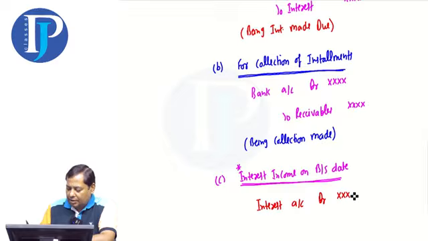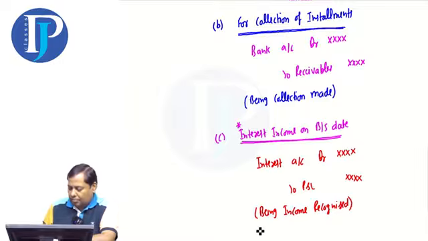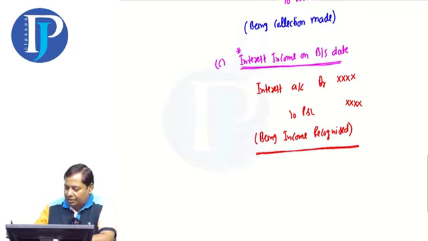Interest account debit to P&L. Being income recognized. These are 3 steps: apply interest, take collection, and interest comes to P&L. Write an example.